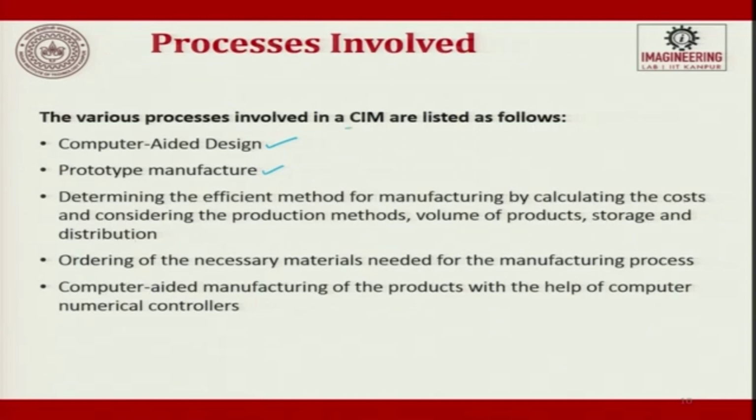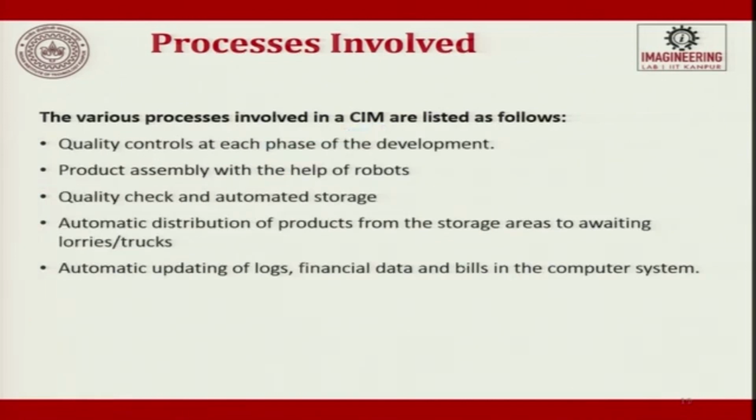Then ordering of the necessary materials needed for the manufacturing process, and computer aided manufacturing of the product with the help of computer numerical controls. So, these are the various processes involved in SIMS: computer aided design, prototyping, then manufacturing, then material handling, and then the numerical control machines.